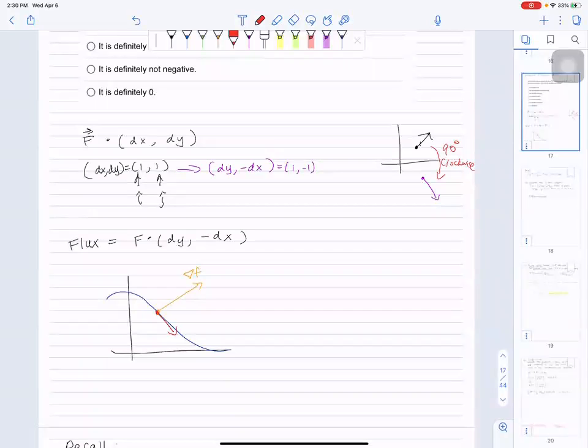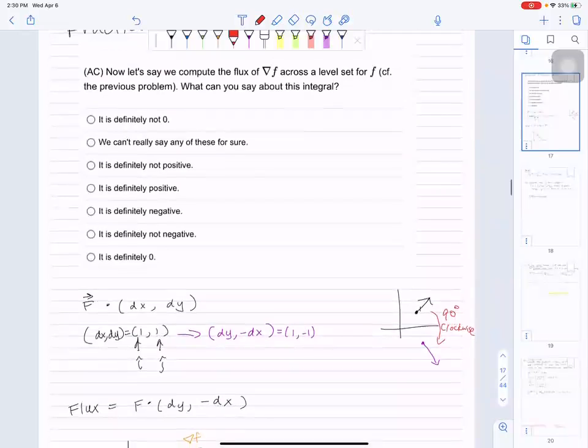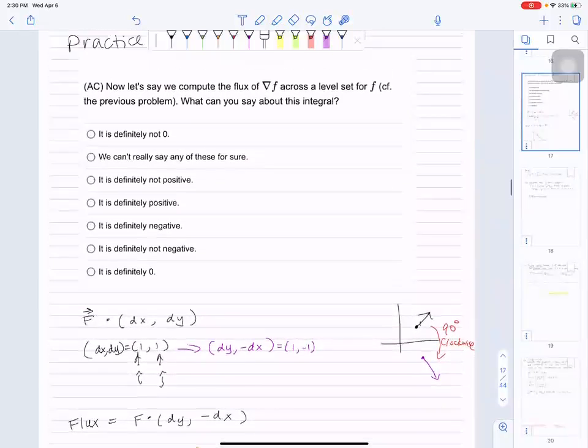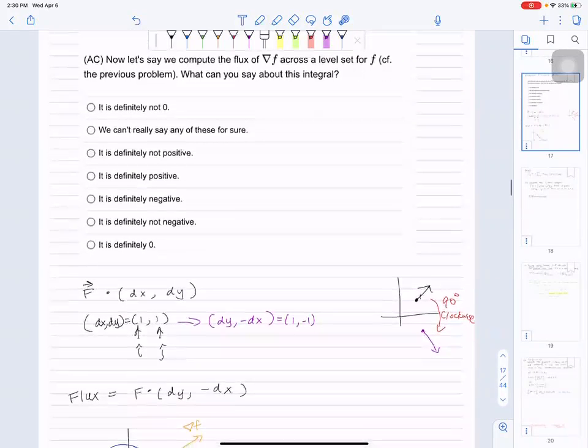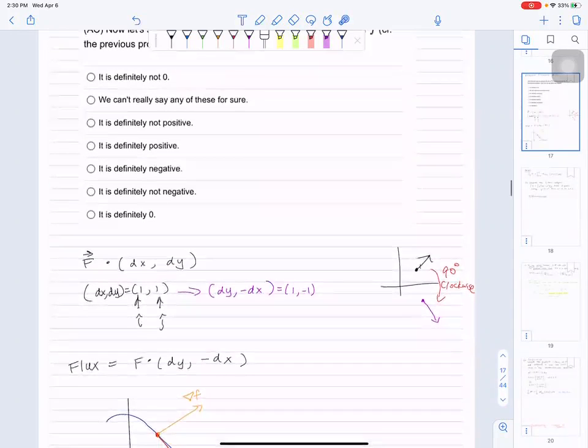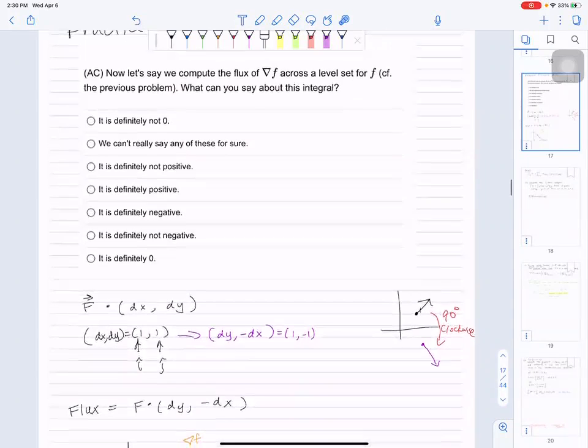On the flux form, it's a 90-degree change clockwise, but on that practice problem 6 that you talked about, you showed how it was 90 degrees counterclockwise, and that's the right answer. So why is this 90 degrees clockwise? Flux.